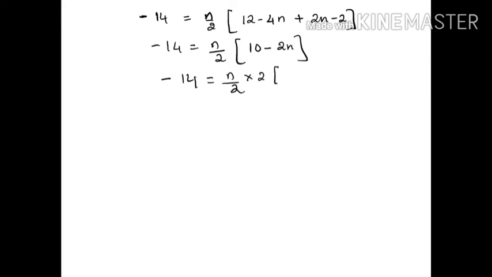Add like terms in the bracket. So 10 minus 2n. Minus 14 is equal to n upon 2. We can take 2 common from this bracket, so we get 5 minus n. And this 2 cancels with the denominator.